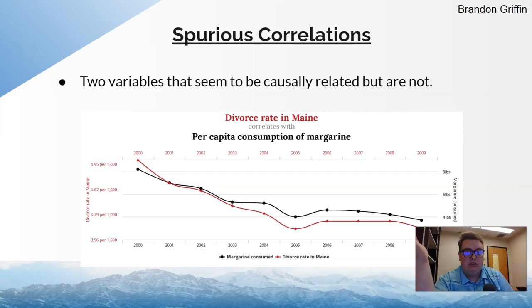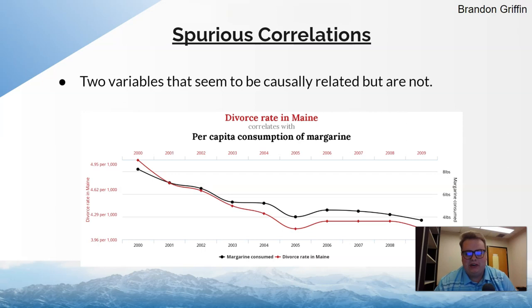So the more you eat margarine, that's a deal breaker in the marriage, and you're going to have higher divorce rates. As the per person consumption of margarine decreased, maybe the deadly sin of eating margarine means people are going to stay married longer. So this is an example of a spurious correlation. Even though they are related, they are not causally related.